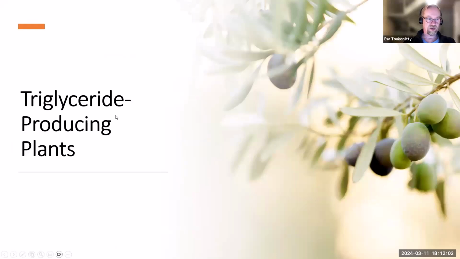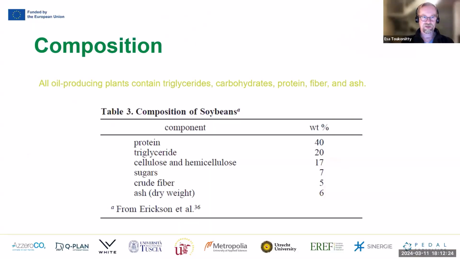Yeah, so triglyceride refers to this biomass that is rich in these oils and fats, or fats maybe refer more to animal-based biomass, but oils more to plant-based material. In any case, what is the composition of a biomass? So the fats and oils and triglycerides are just one part of the plant material.